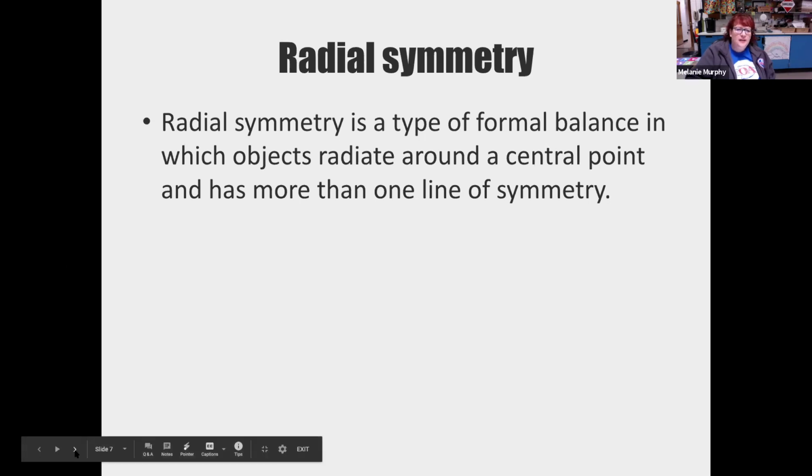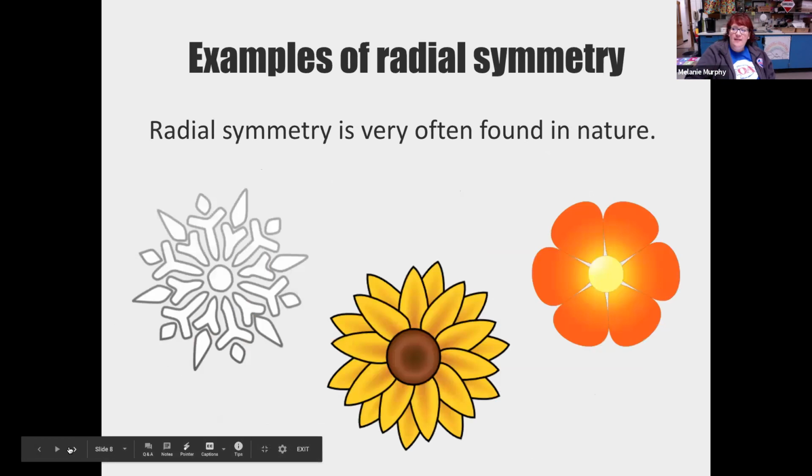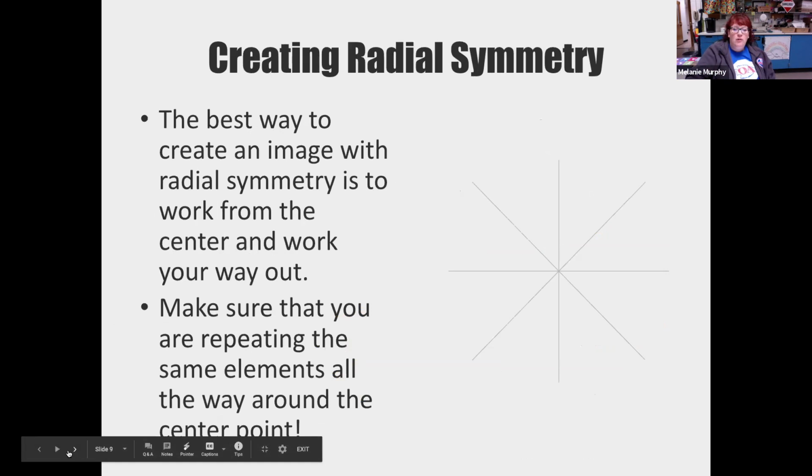This can get really exciting and complicated, because when you start from a center point, you could divide that circle using lines as many times as you like, and you would still have symmetry as long as you add equal parts as you go. So the best way to create an image with radial symmetry is to work from the center outwards. If you make sure that you repeat the same elements all the way around from the center, then it will be symmetrical.